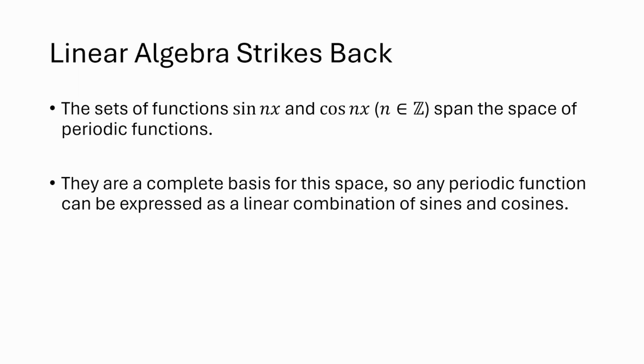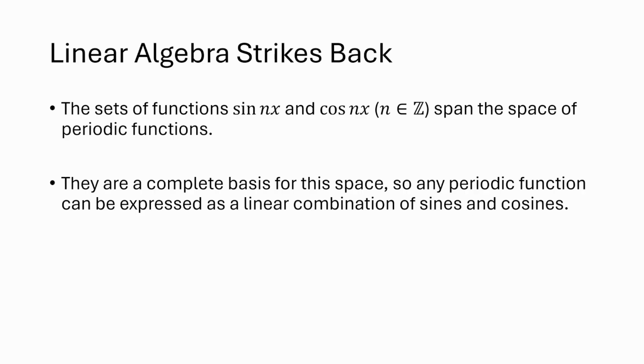You can absolutely talk about this space as a vector space, that you can have periodic functions and they have some components to them, and those components have different frequency content. So those are the n's in this expression. N can be any integer, 1, 2, 3, 4, 5. And if we add together the right amounts of the right different frequencies, then we can build any periodic function out of those combinations of sines and cosines with different frequencies.